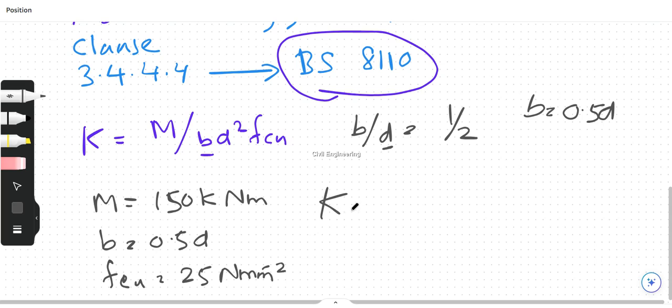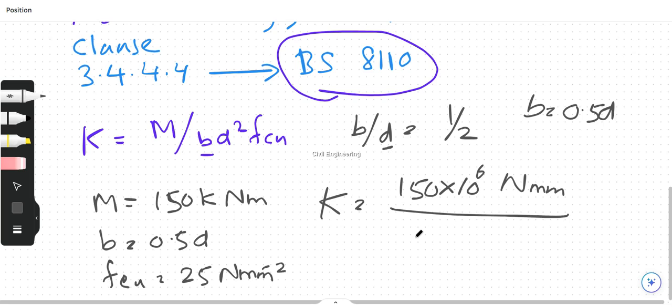So we can calculate the K value, that is 150 times 10 to the power 6 newton millimeters, and for b I take this value, d, and this is d squared, and this is 25.